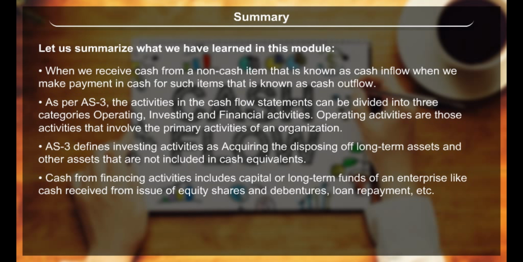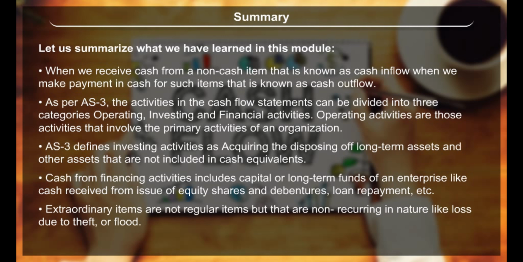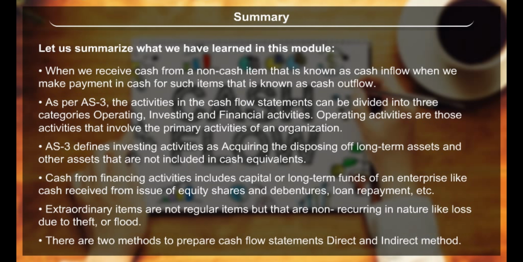Cash from financing activities includes capital or long-term funds of an enterprise, like cash received from issue of equity shares and debentures, loan repayment, etc. Extraordinary items are not regular items, but are non-recurring in nature, like loss due to theft or flood. There are 2 methods to prepare cash flow statements: direct and indirect method.